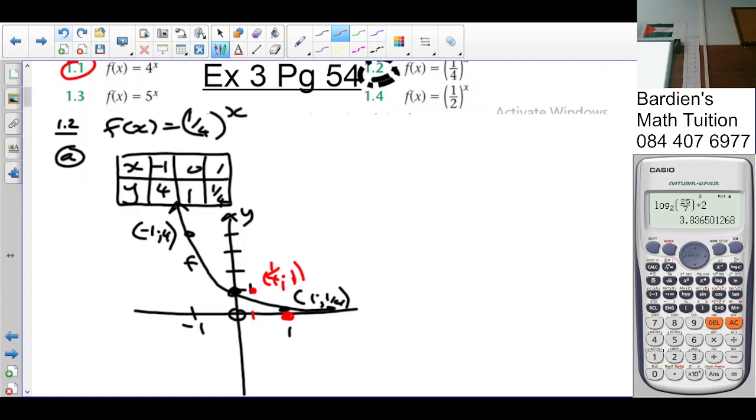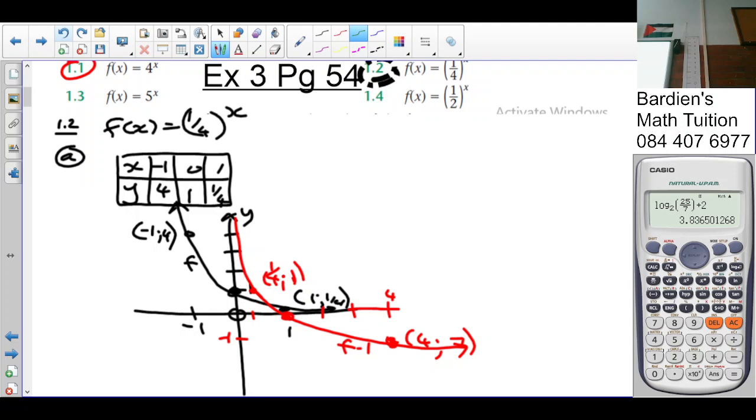Negative 1 and 4 becomes 4 and negative 1. The graph again, your y-axis is now your asymptote. This is your inverse function. Alright, and so that is B.